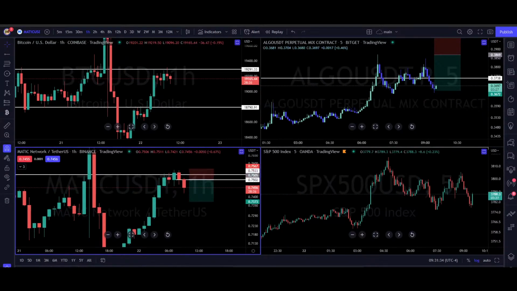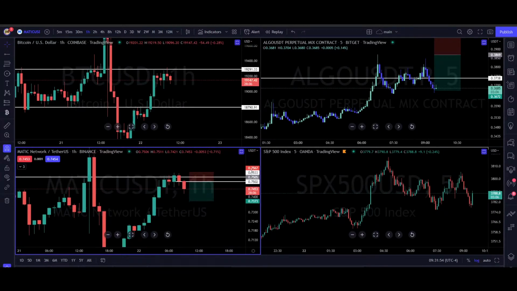All right, so we're getting a spike on risk. So we could potentially see this come up here. That would be beautiful and fill us. Come on, baby. Get up there and fill us. That's a big candle.